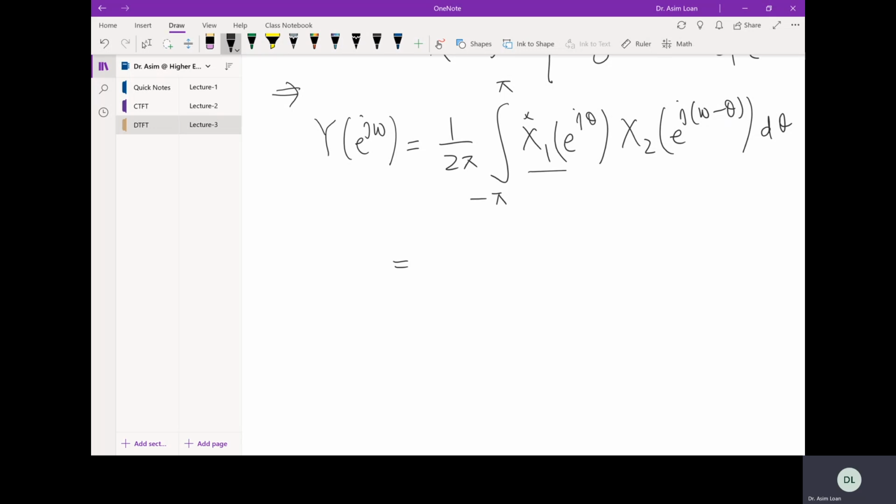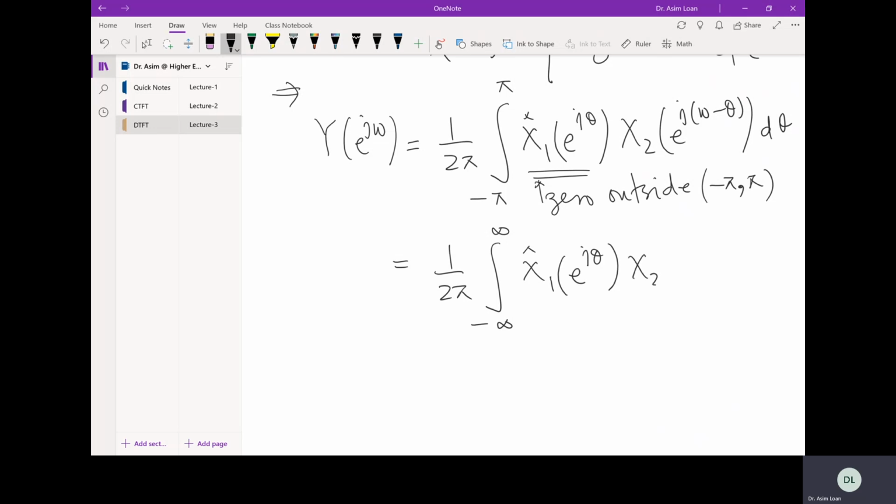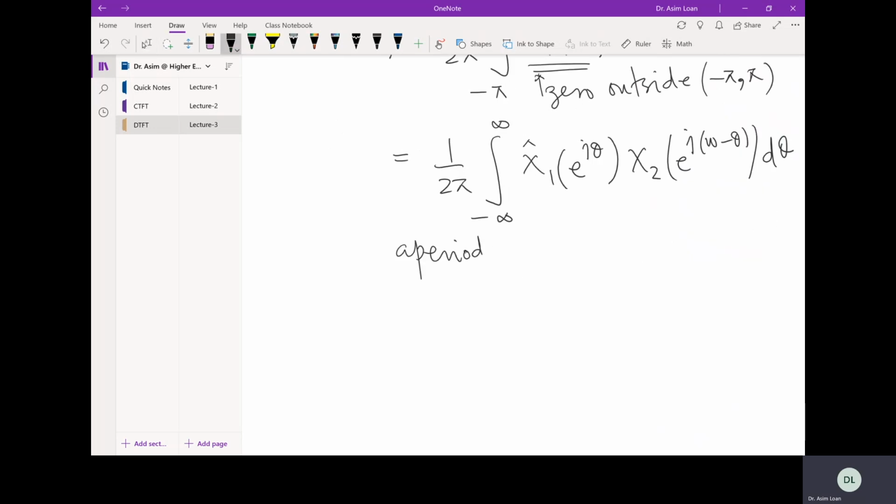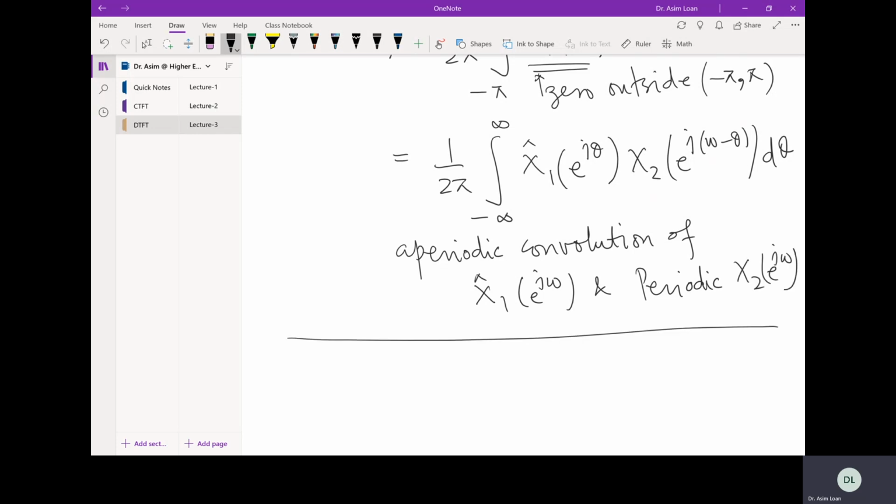Since X1 hat is 0 outside minus pi to plus pi, this becomes 1 over 2 pi, integral from minus infinity to plus infinity of X1 hat e^j theta X2 e^j omega minus theta d theta. So this is a periodic convolution of X1 hat of e^j omega and periodic X2 of e^j omega. Okay, let me do an example.